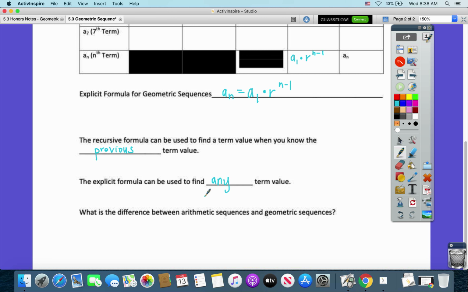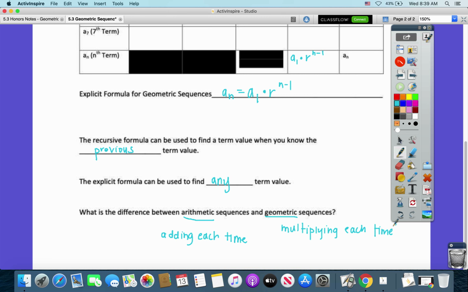So now we've talked about the 2 main types of sequences that we're looking at, arithmetic and geometric. As a reminder, the difference between them is arithmetic, we are adding each time by the same number, and geometric, we are multiplying each time by the same number.